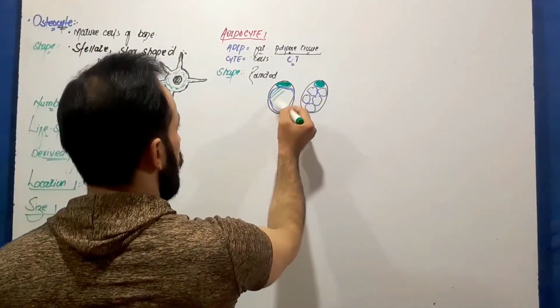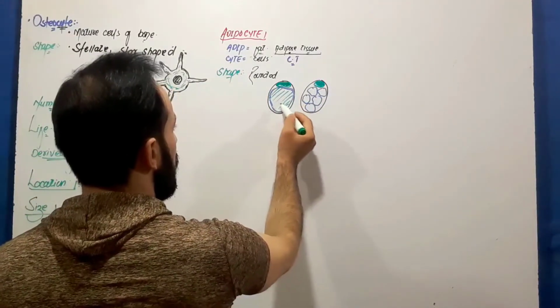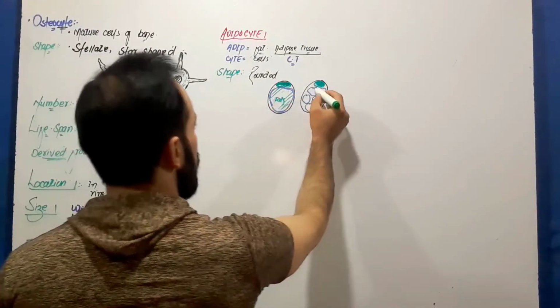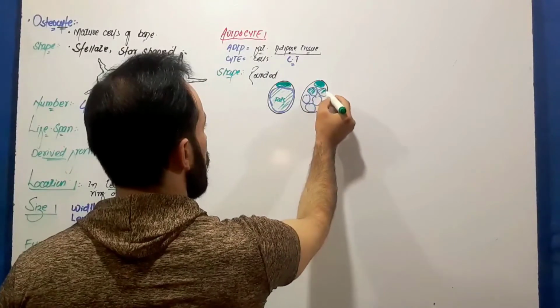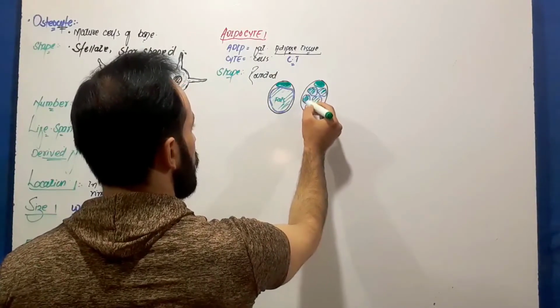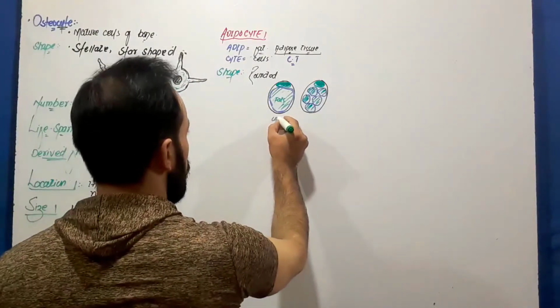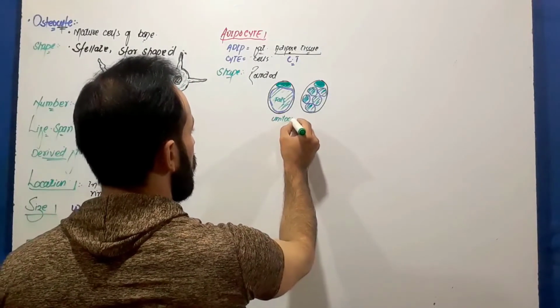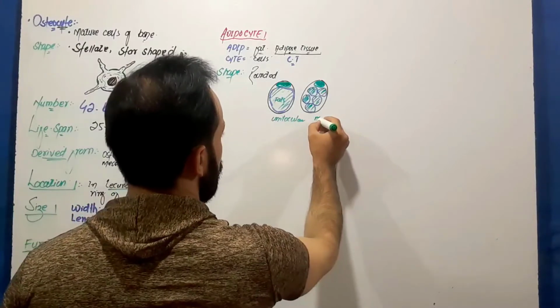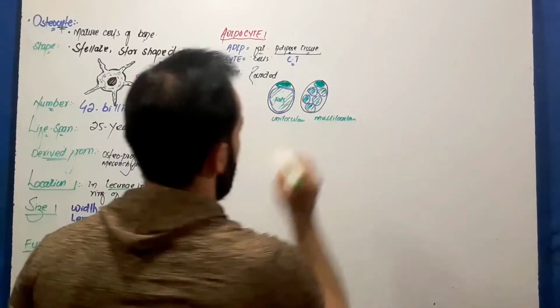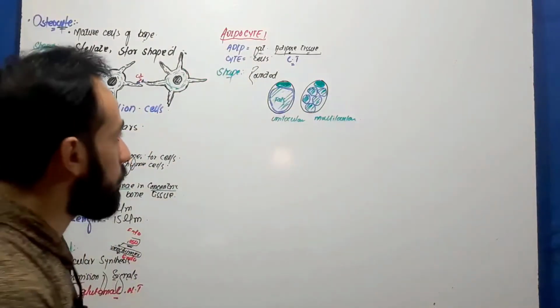Now in this locule, or in this bag, there is what? There are fats stored there, and in these small locules there are also fats. So this is a unilocular adipocyte, and this is a multilocular adipocyte, and I will discuss them in detail.